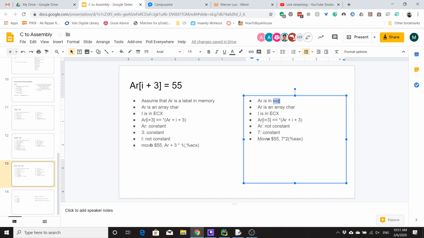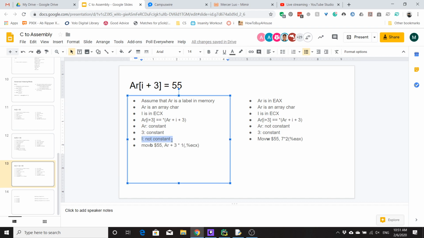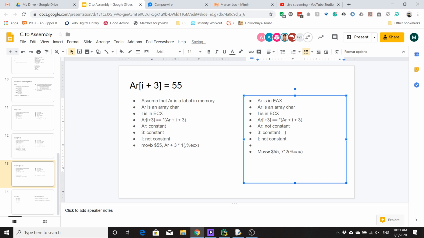It's a register. So it's not constant. Well, 3 is, of course, constant. What about I? Is it going to be constant? No. And again, the reason I'm just asking you these questions is because if you ask yourself these questions, it's going to help you figure out where the things go, where to put them in.